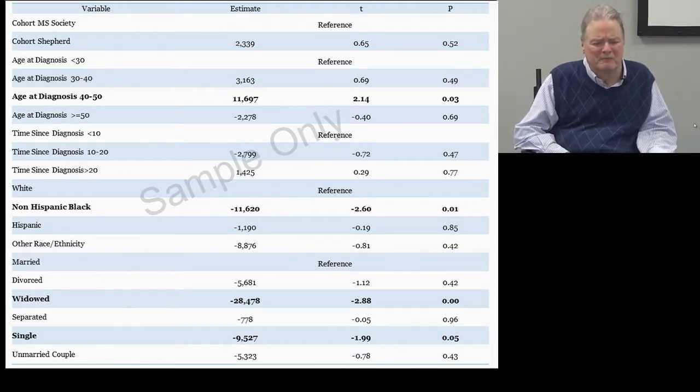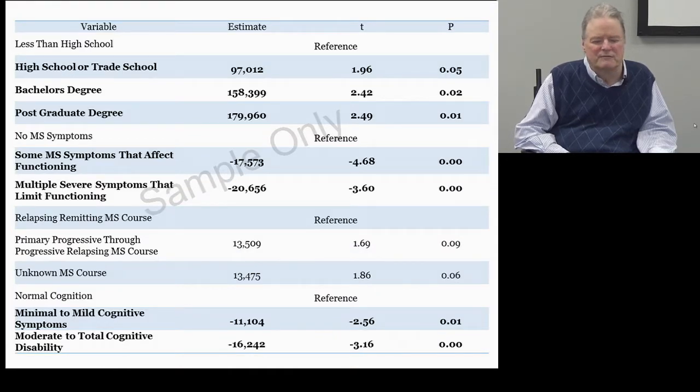Next. Now the estimates again for the education are strongly affected by the high-end use of the top category being 1 million, and so these are inflated, but you can see that each is related to earnings. So in essence, education relates to a greater likelihood of employment, but also greater earnings among those who are employed.